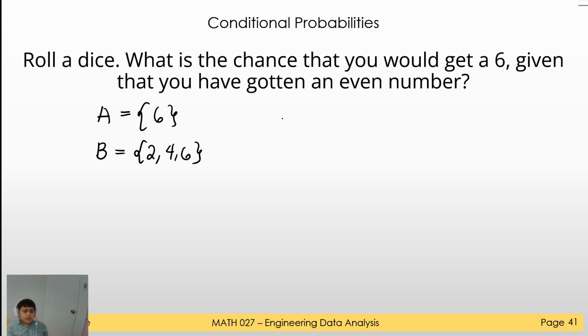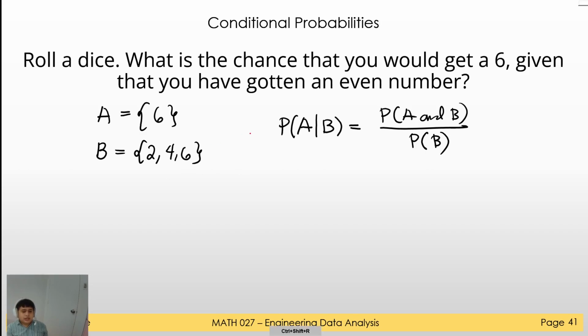So the probability of A given B is equal to the probability of A and B occurring over the probability of B occurring.